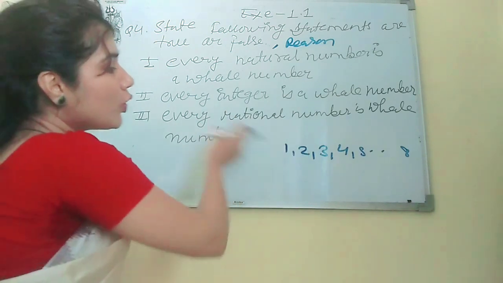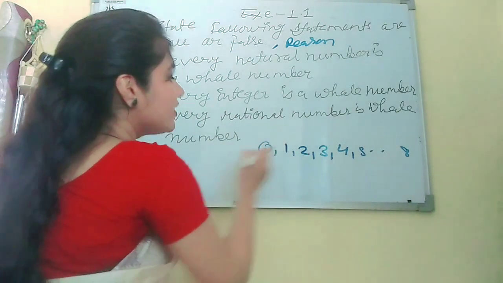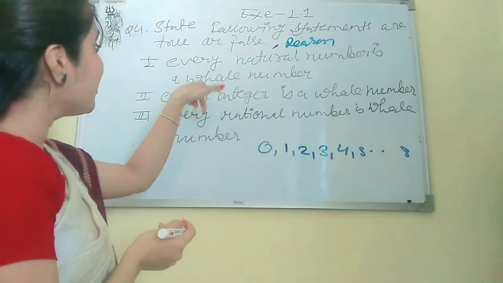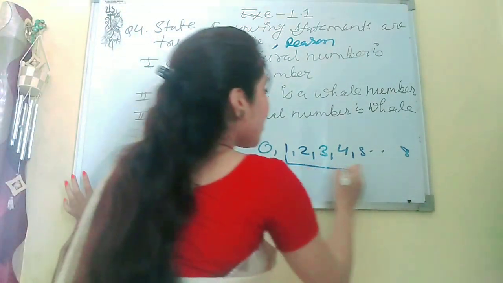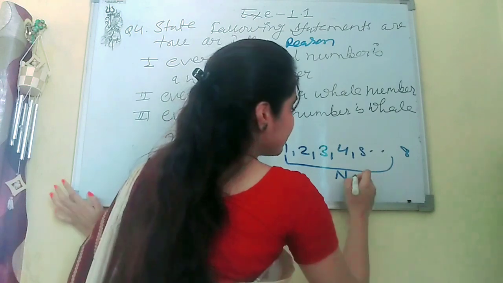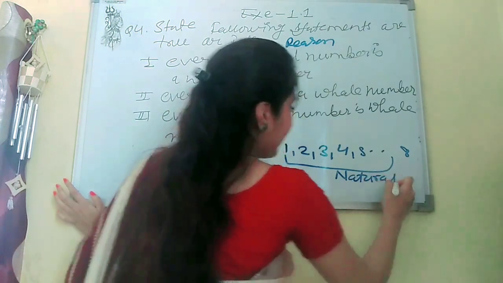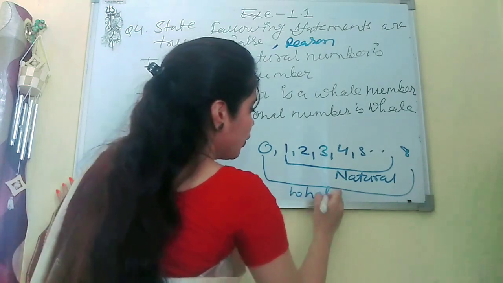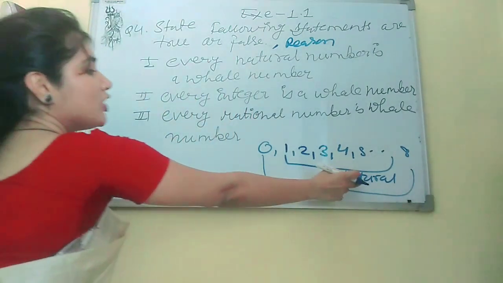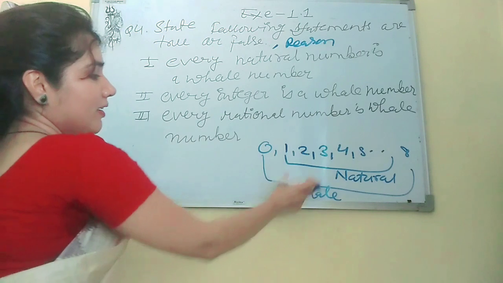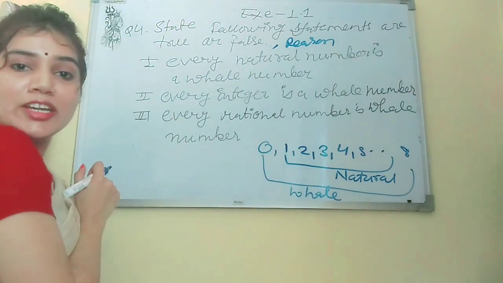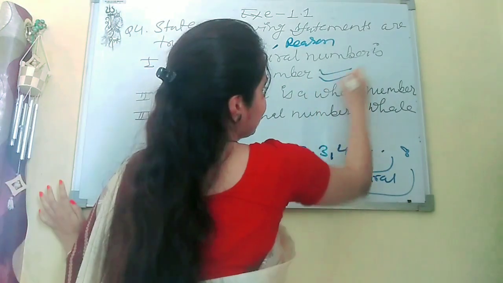And if we include 0 with natural numbers, it will become whole numbers. These are the natural numbers and these are the whole numbers. So the natural numbers come under the whole numbers. So our first statement is right.